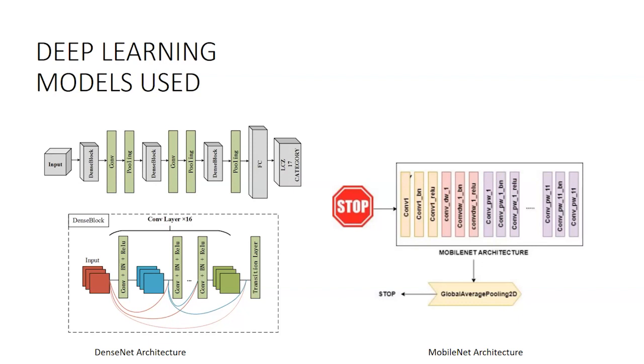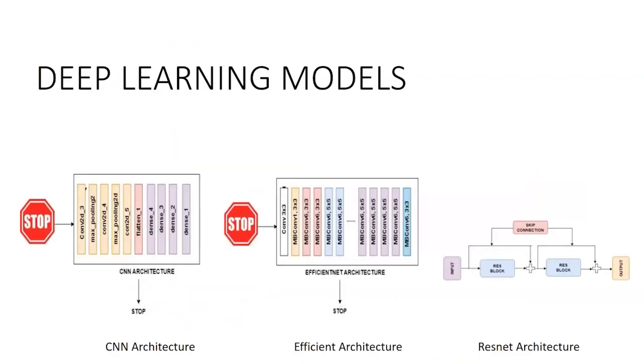Then second, we have the MobileNet model. As shown, initially it will have a lot of convolutional and depth-wise convolution and other convolution layers. It is a very light model. Thirdly, we have used a CNN architecture.